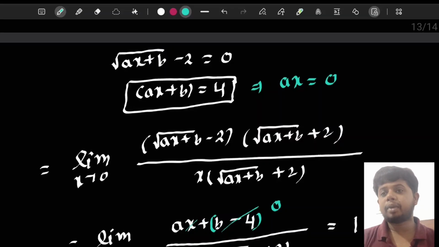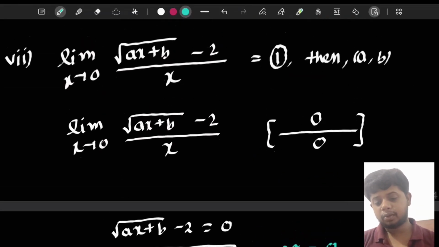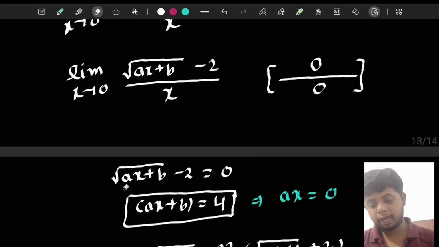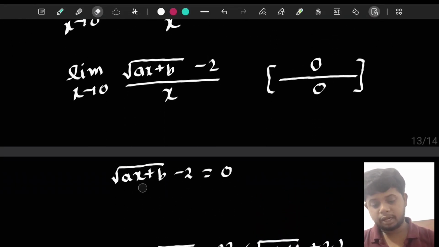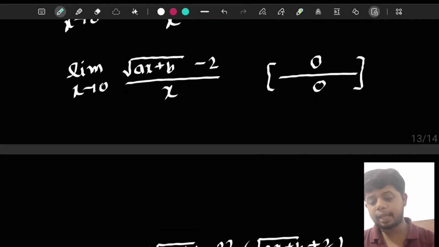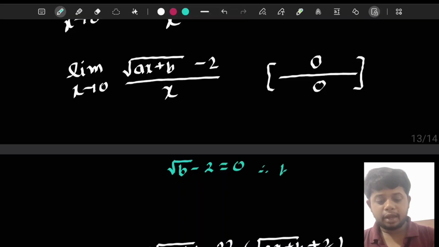So here we have done a small mistake. So we are getting the correct result actually. Now from here only we can get the answer of b. Okay, so if I put numerator part equal to 0 as x tending to 0, what I'm getting? Under root b minus 2 equal to 0. That means here only I'm getting b equal to 4.